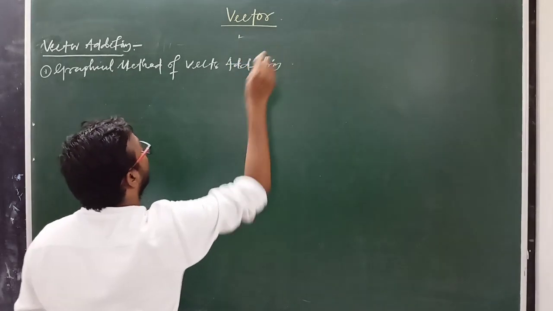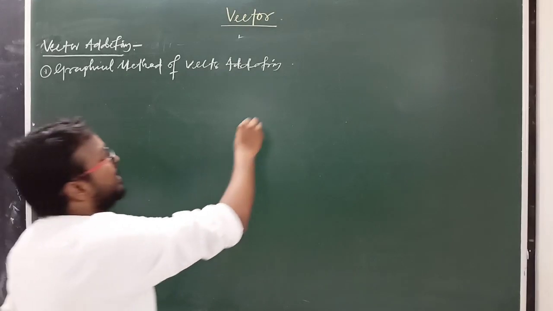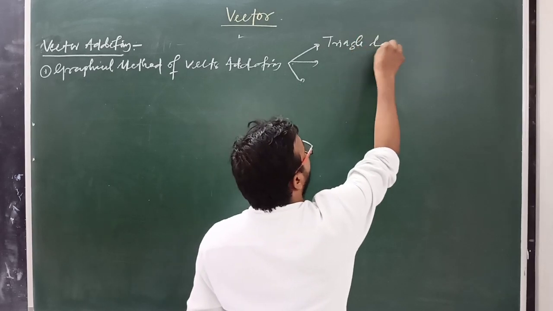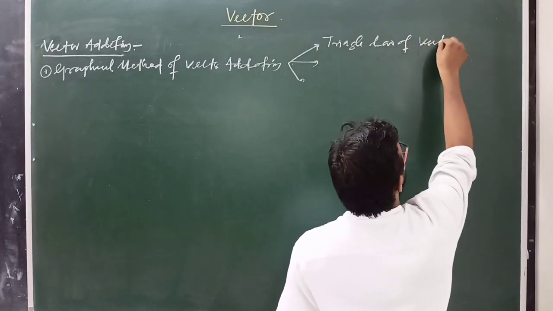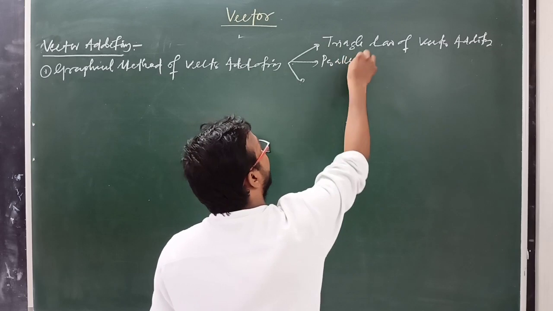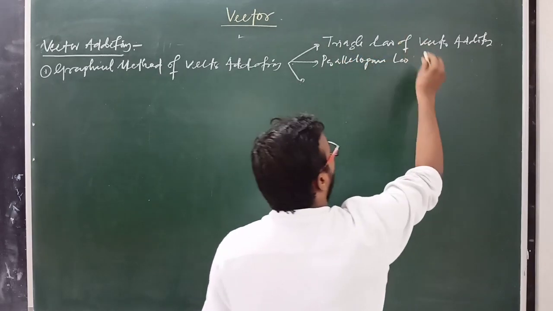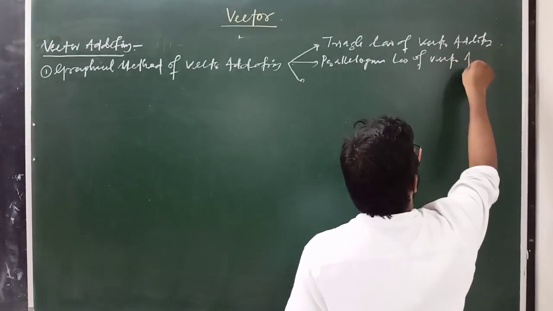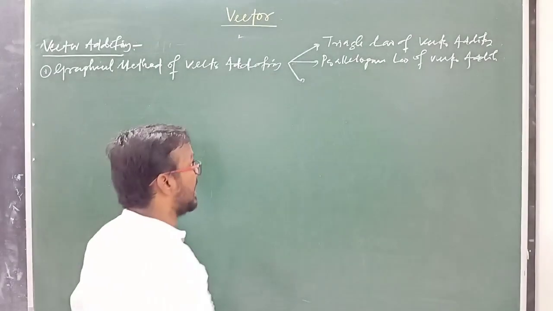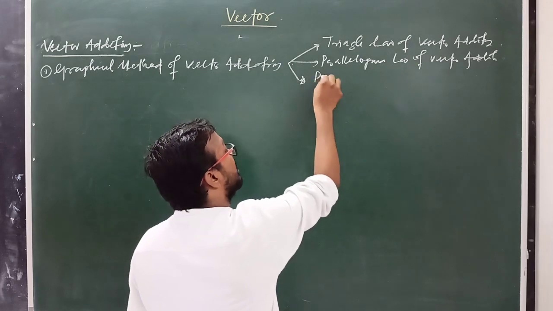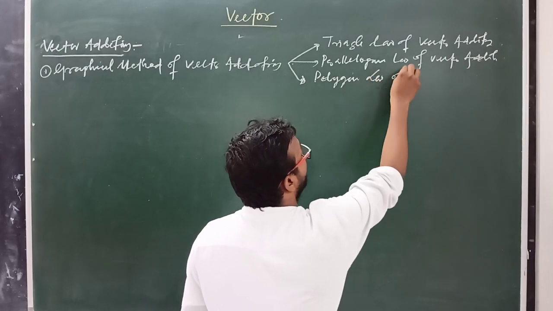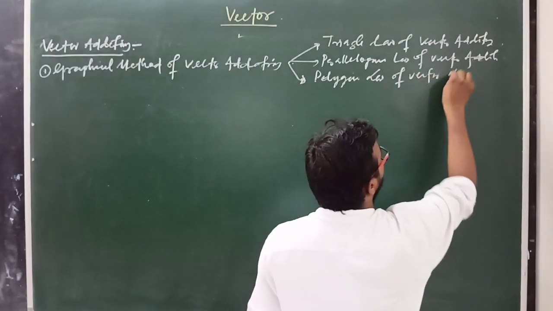This graphical method is of three types: first, triangle law of vector addition, and second one, parallelogram law of vector addition, and third one, when there are more than three vectors we have to use another important type of vector addition, that is known as polygon law of vector addition.